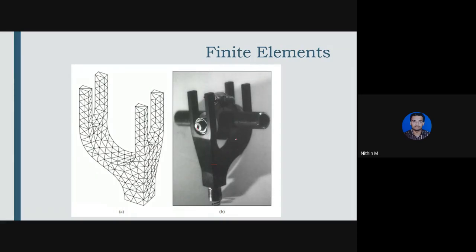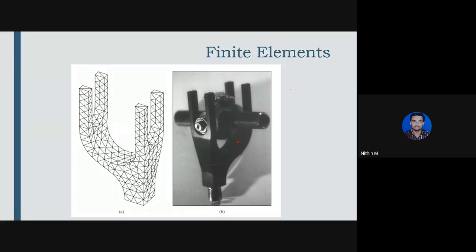So what is the problem associated with it? One of the most important things that we need to consider while designing this artificial arm or prosthetic is what should be the load bearing capacity of this arm.